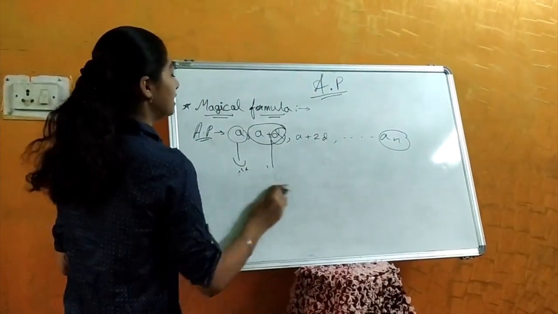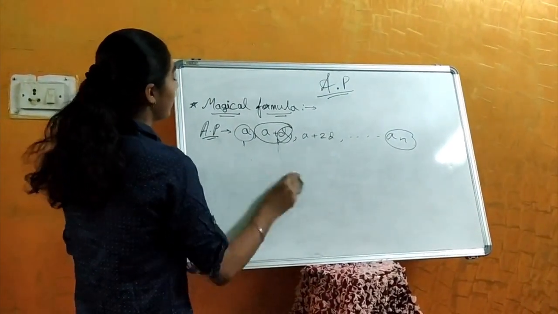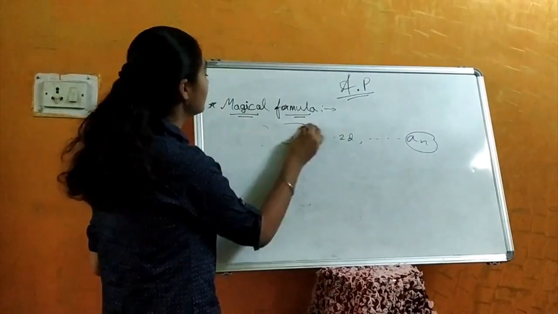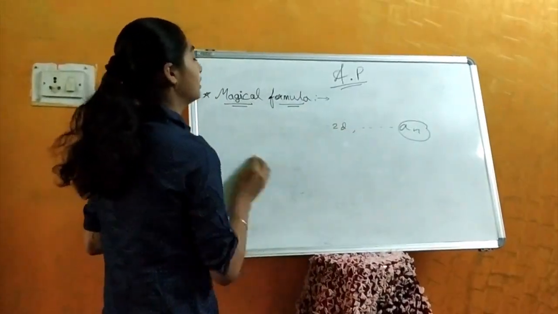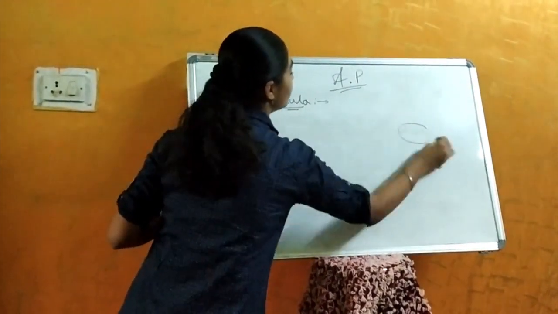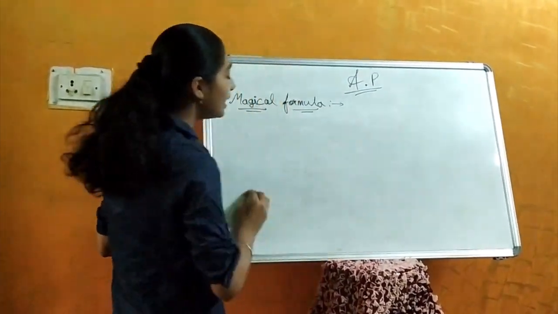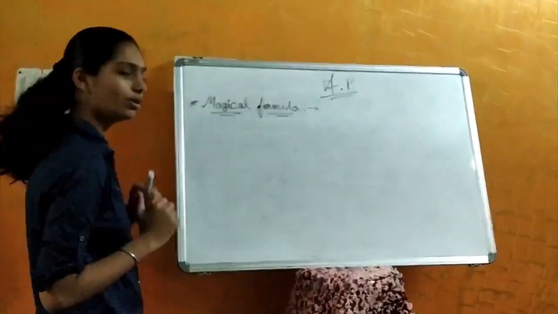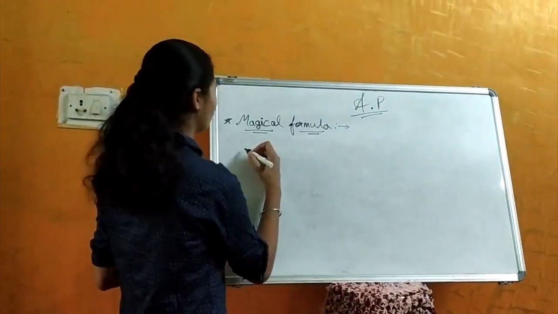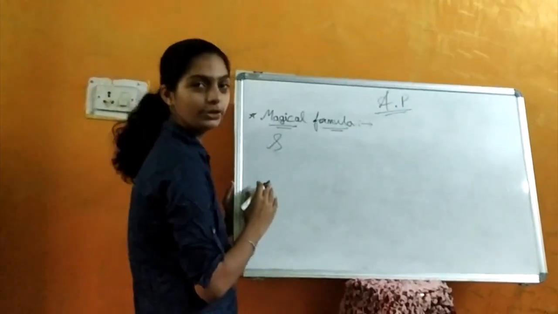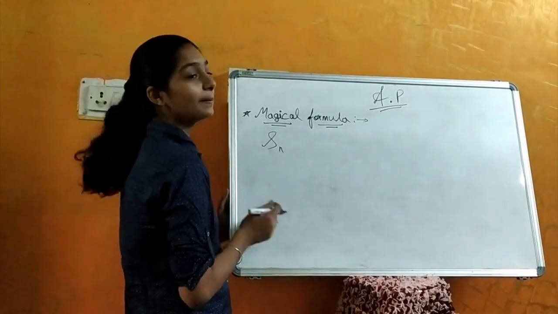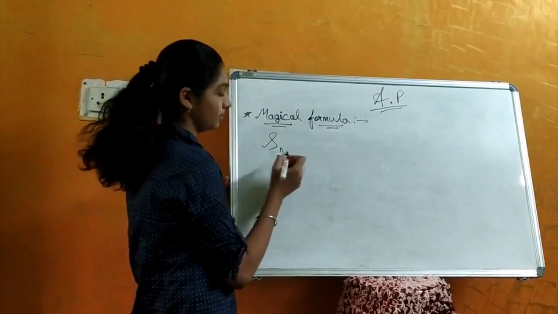Okay, now we will discuss the second magical formula of our AP. So what is it? It is the sum of terms. Now you might be confused about it, right? What is this sum? S means we can denote it as sum, and n number of terms means the sum of the terms.